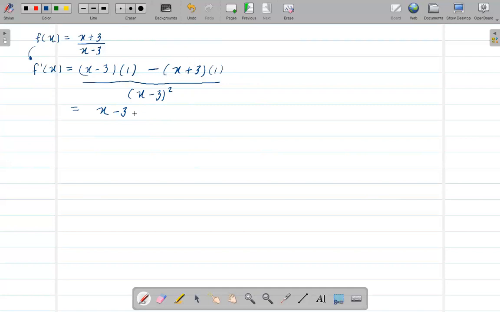So when you distribute this, it will be negative x, negative 3 over x minus 3 squared. So here I can cancel positive and negative x, so this will be negative 6 over x minus 3 squared.